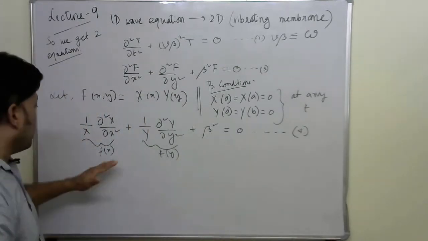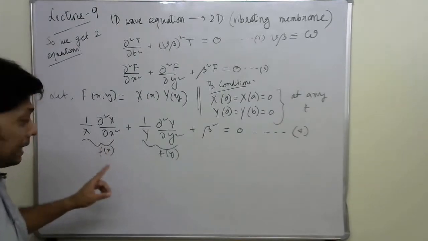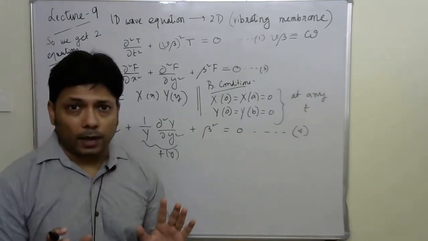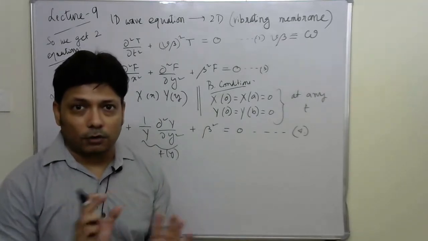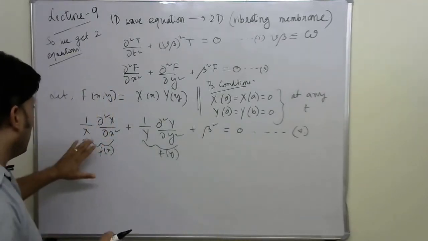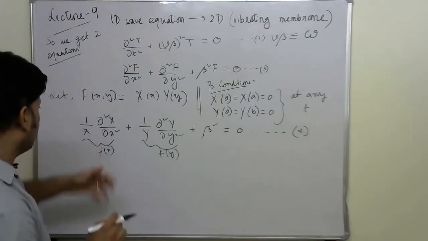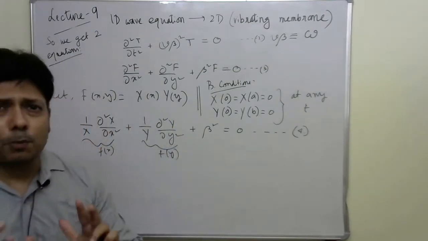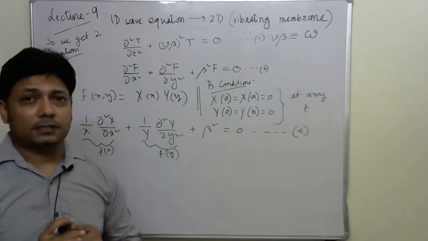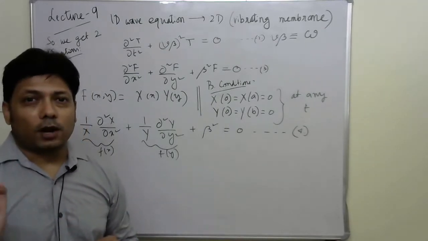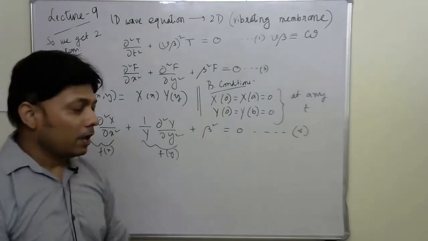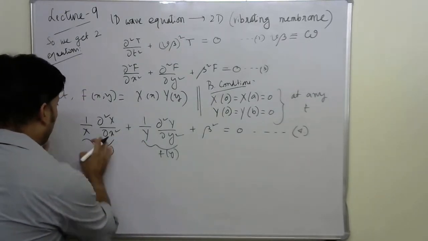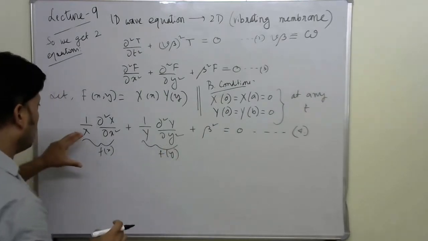Once again we have to remember that x and y are two independent variables and they do not have any relation with each other. Being independent variables, we can separately treat this derivative and that derivative as individual one-dimensional equations.